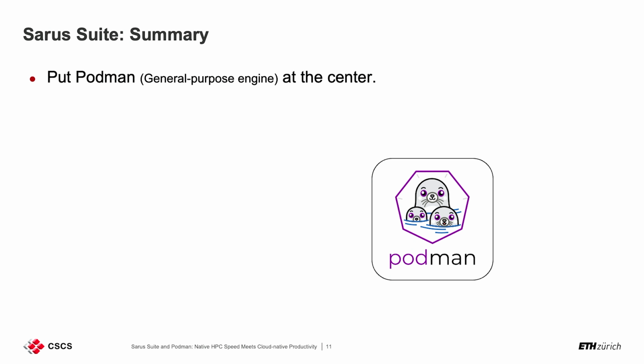So compiling all of that, we propose Sarus Suite, our next generation container engine. Putting Podman at the heart of our container engine is a premise that we need in order to get all the cloud-native benefits here.